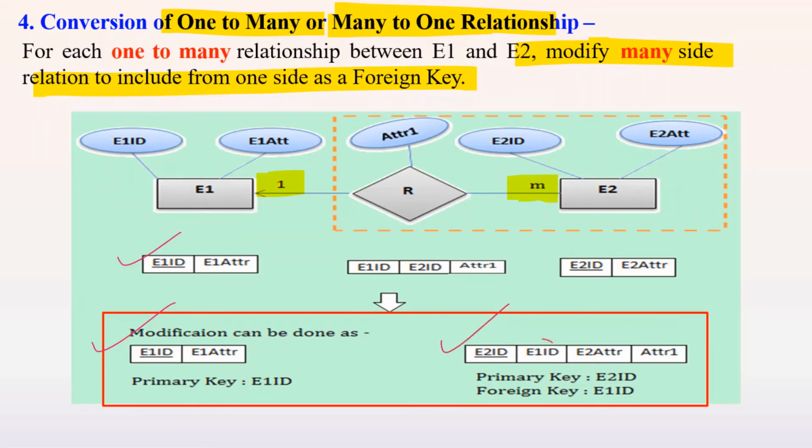E1's ID is included as a foreign key, and the relationship attributes are also included in the E2 table. E2's ID is the primary key, and E1's ID becomes the foreign key in this table. So this is a very simple conversion: just go with the many side, and two tables are the resulting tables.